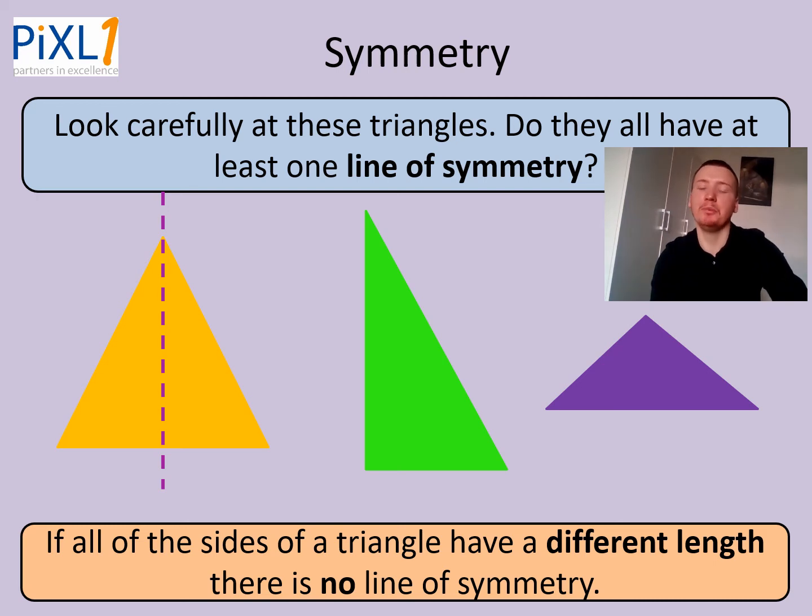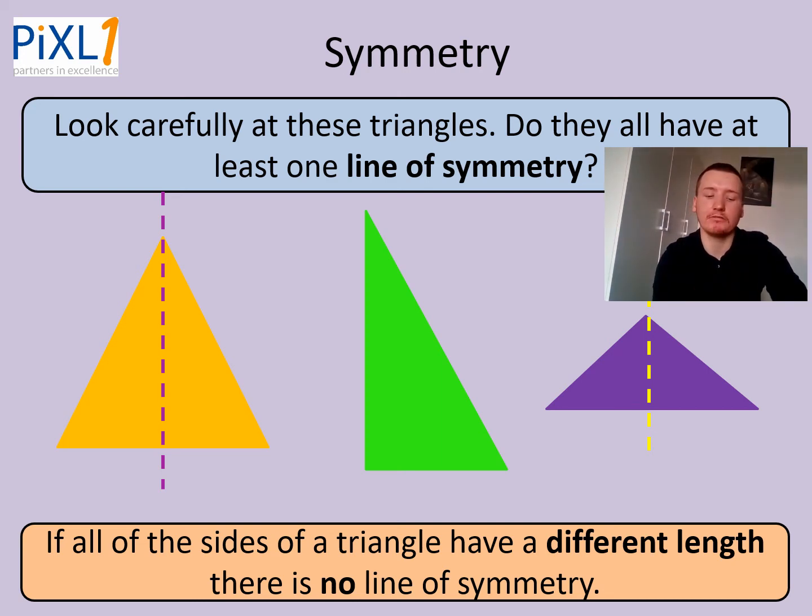Let's look at the purple triangle now. So this triangle, it does have some sides that are the same length. If you put a line straight down, just like we did with the yellow triangle, you'll find that if you fold it, it has a perfect line of symmetry. So we can put a tick on that one.